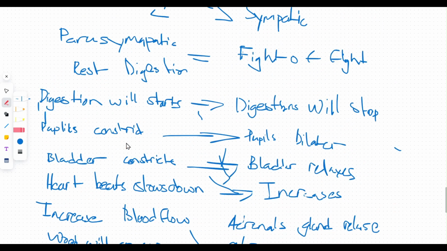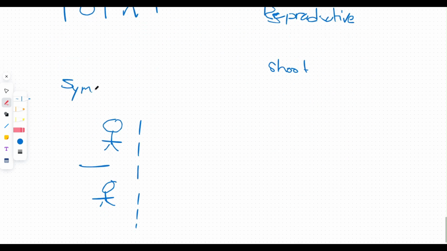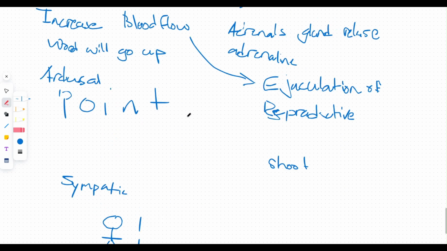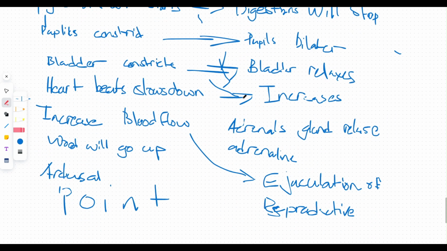And the thing is, this is still sympathetic, even if you're not in danger. Your heart rate will still increase, and everything here will happen, but there are obviously different levels.